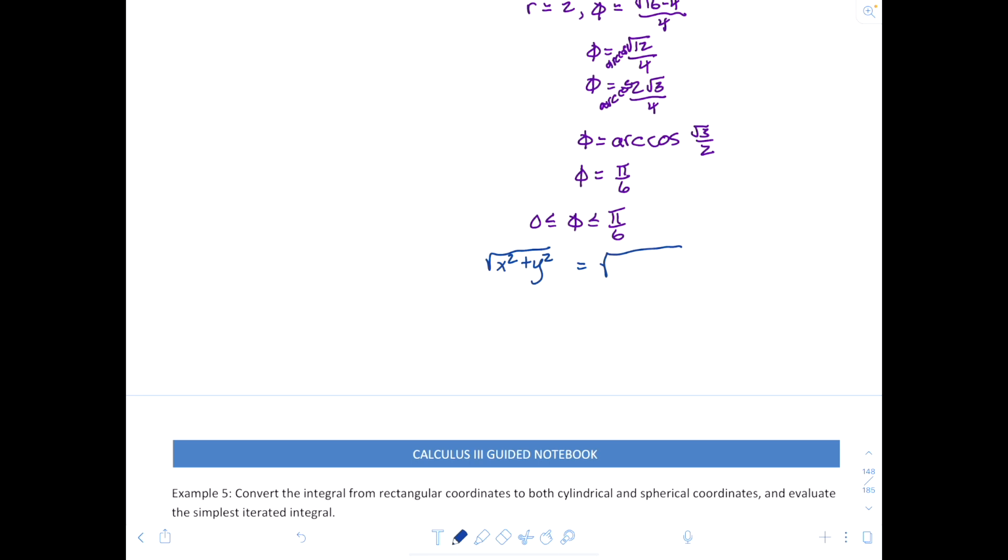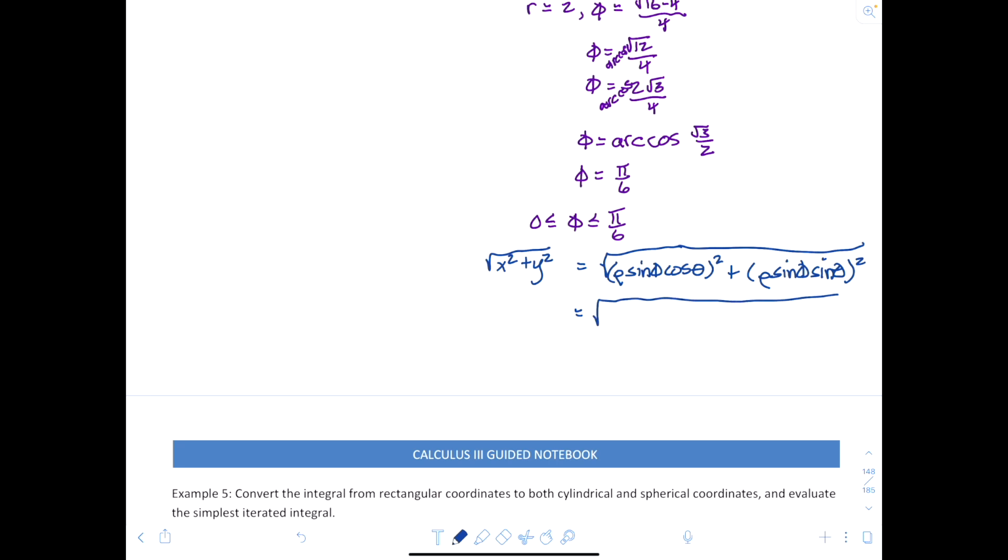So that would be the square root of rho sine phi cosine theta squared plus rho sine phi sine theta quantity squared, and that's going to equal the square root of, again, we did this earlier, rho squared sine squared phi can be factored out, and then you'll have a cosine squared theta plus sine squared theta, which is just 1.